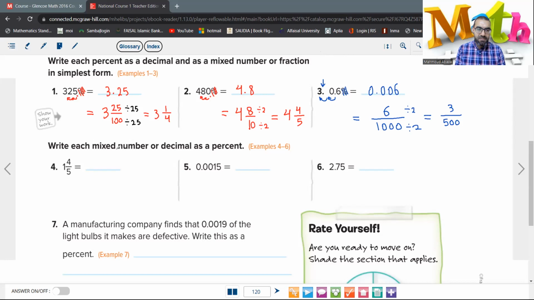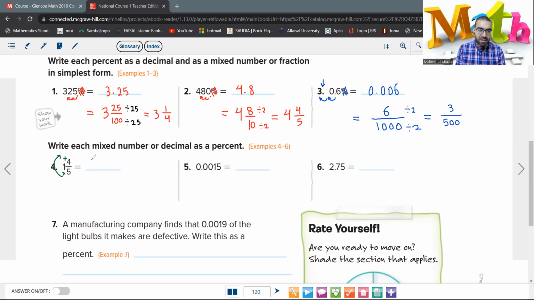Write each mixed number or decimal as a percent. We need the percent now. This is a mixed number. Let's transform it into improper fraction. From down to up, we multiply, then we add. 5 times 1 is 5 plus 4 is 9.